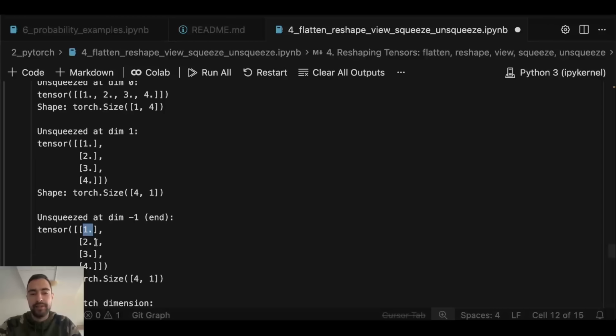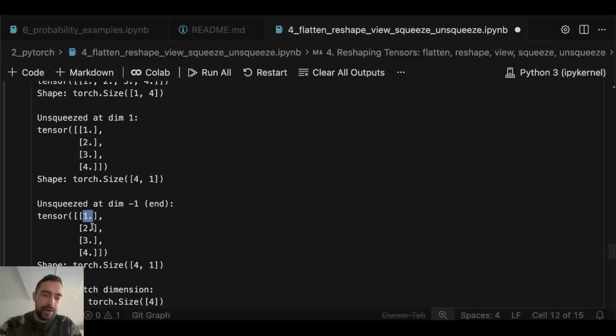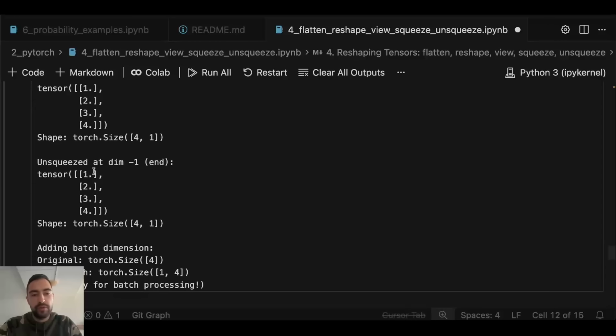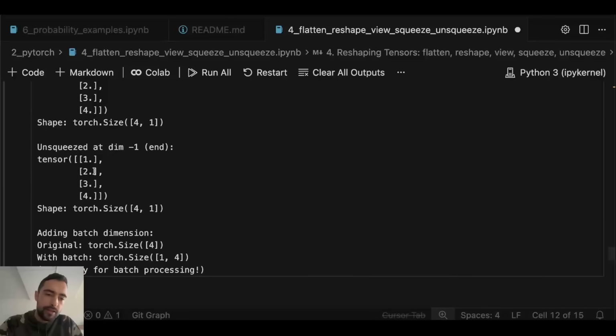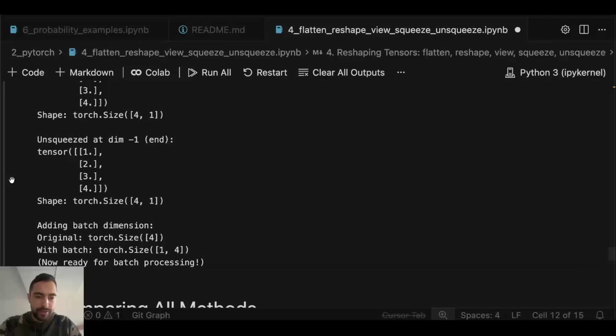Even if every element was already in its own array, it will add one more array within that array. So every element will just get brackets around it if you unsqueeze at dimension -1. This is good if you have some array and you need to separate it to do some operations on every single element. So that's how it works.